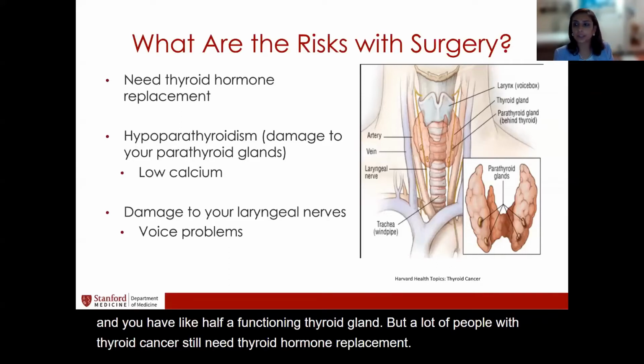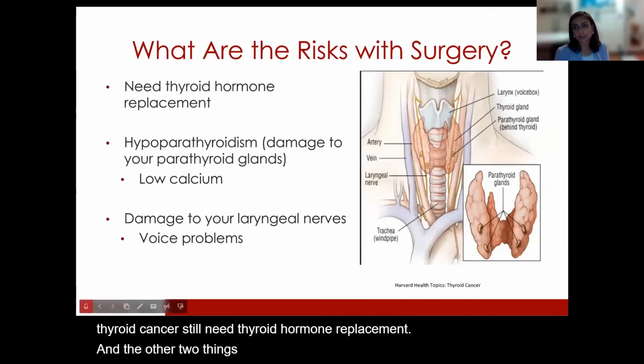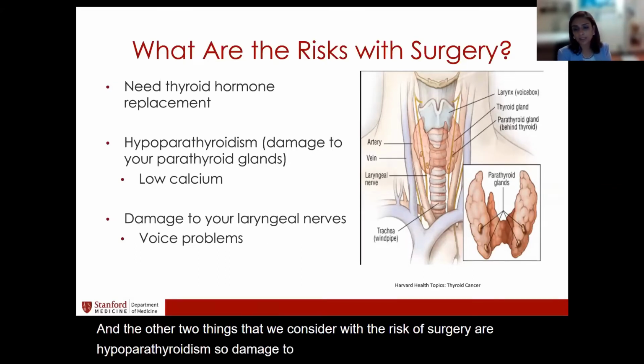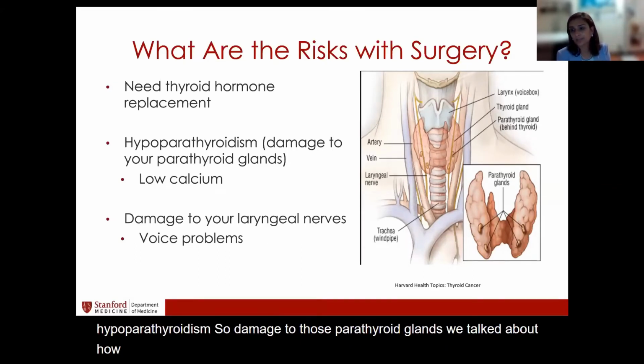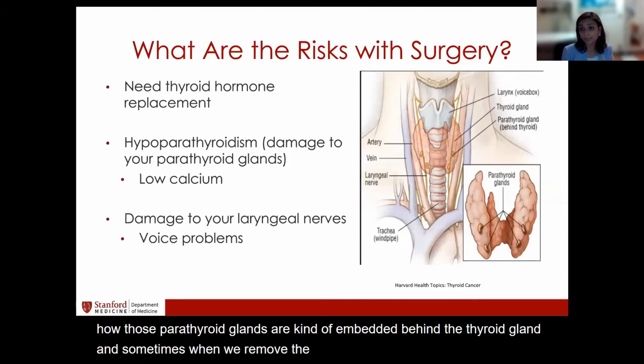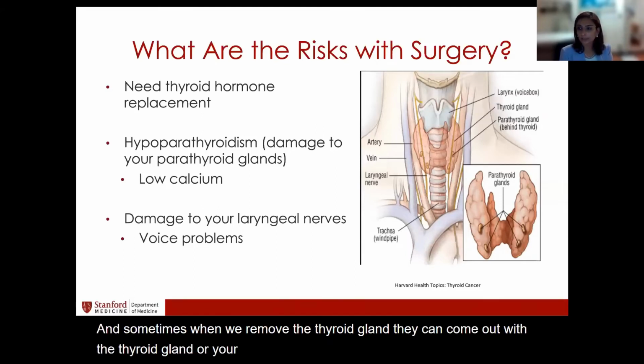The other two things that we consider with risk of surgery are hypoparathyroidism, so damage to those parathyroid glands. We talked about how those parathyroid glands are embedded behind the thyroid gland. Sometimes when we remove the thyroid gland, they can come out with it, or your blood flow can get a little disrupted because things got moved around in the neck area.